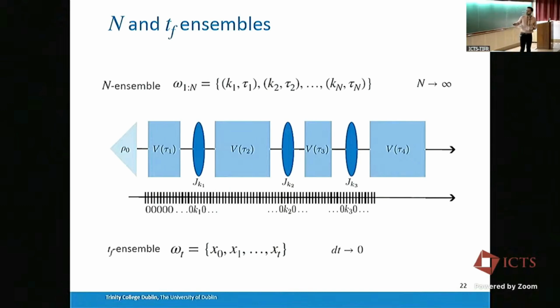We could also create a time-discretized record, which has a bunch of zeros where there is no jump, and then a symbol of the corresponding channel in the interval in which this happens. In principle, this contains the same amount of information, but numerically these are very different, and also for purposes of estimation. So we're going to stick to the top one for the most part, but I'll get back to the bottom, which we call the TF ensemble, at the very end.